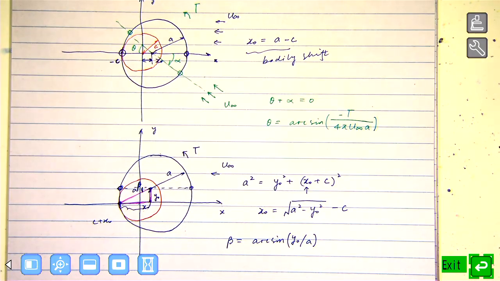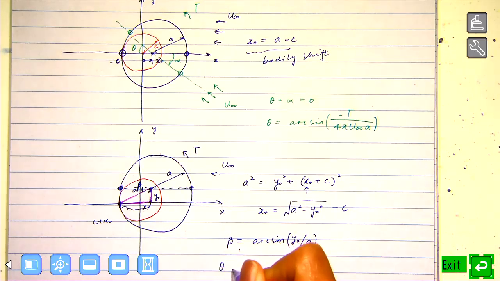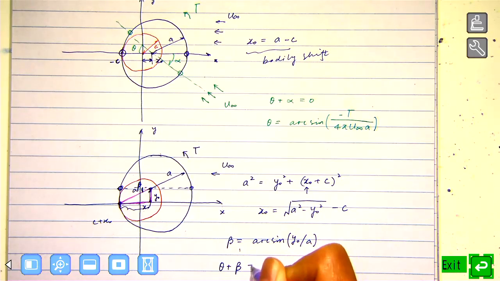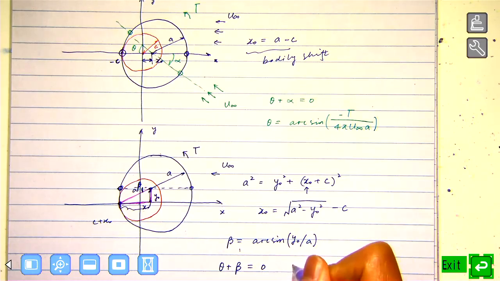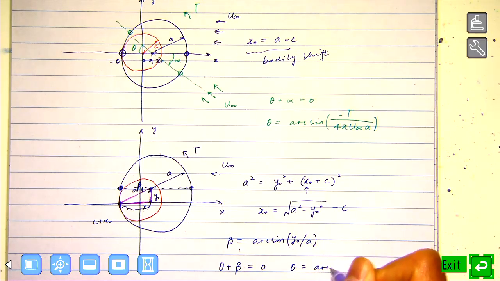So we need to move the stagnation point, this one, by this much, so it can go back to the critical point. So in this case, we'll have theta plus beta equals 0, and theta is that angle related to the circulation. Okay, this is the case of zero angle of attack.